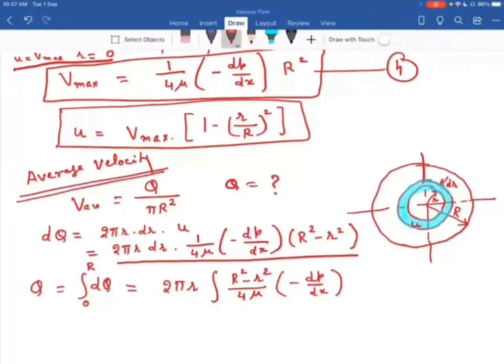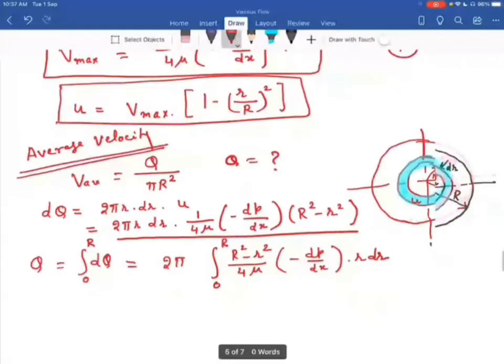We take 2 pi out, only r will be integrated. So within the integration you have r into dr, with limits 0 to capital R.